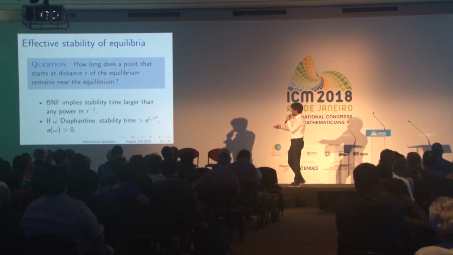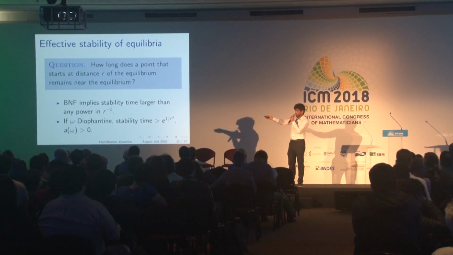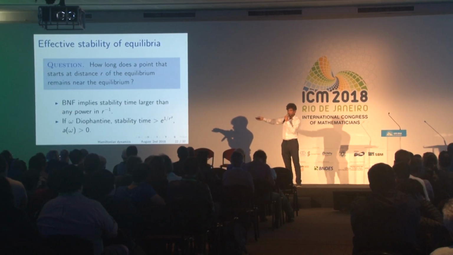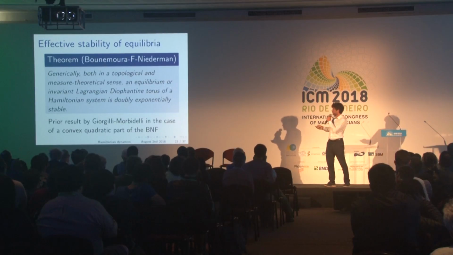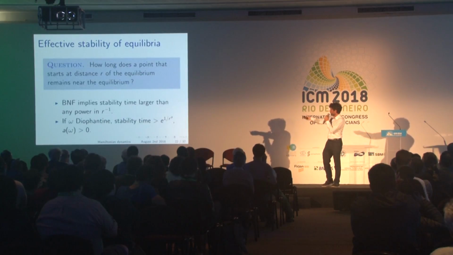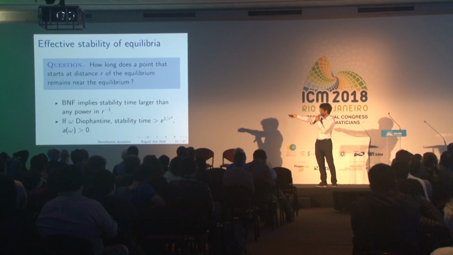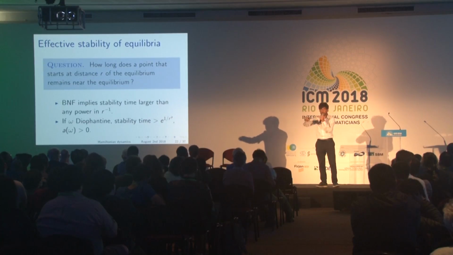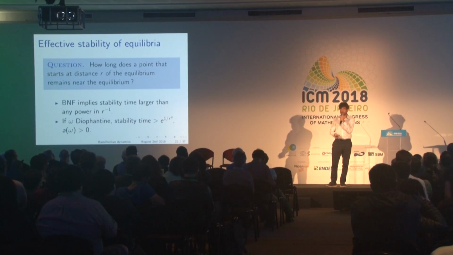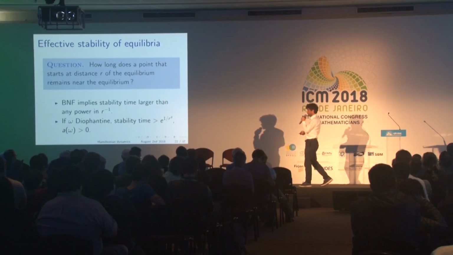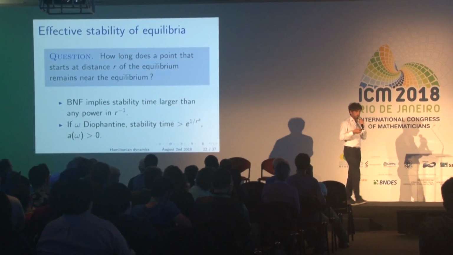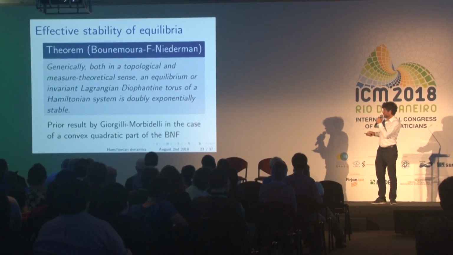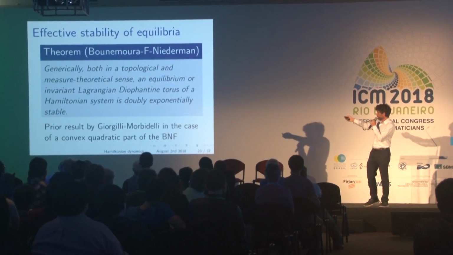So here, instead of this exponential, you get exponential of 1 over R. To do this, you combine the Birkhoff forms with estimates plus the Nekhoroshev approach with the steep property of the normal forms. Anyway, you get this theorem.